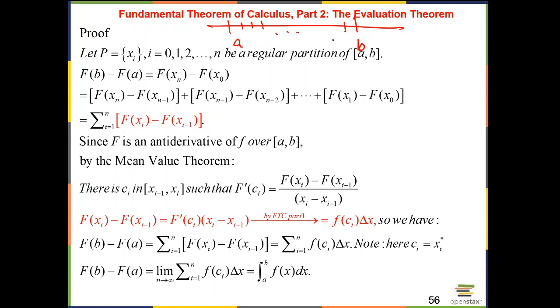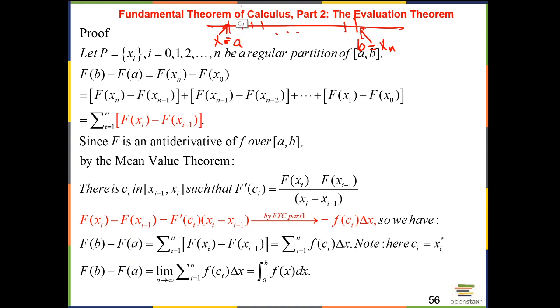N partitions. So the first one would be x sub 0, this number right there, and the last one would be x sub n. So b is x sub n, and a is x sub 0. We have n partitions, so these numbers go from 0 to n. There are n distances between them, n units.